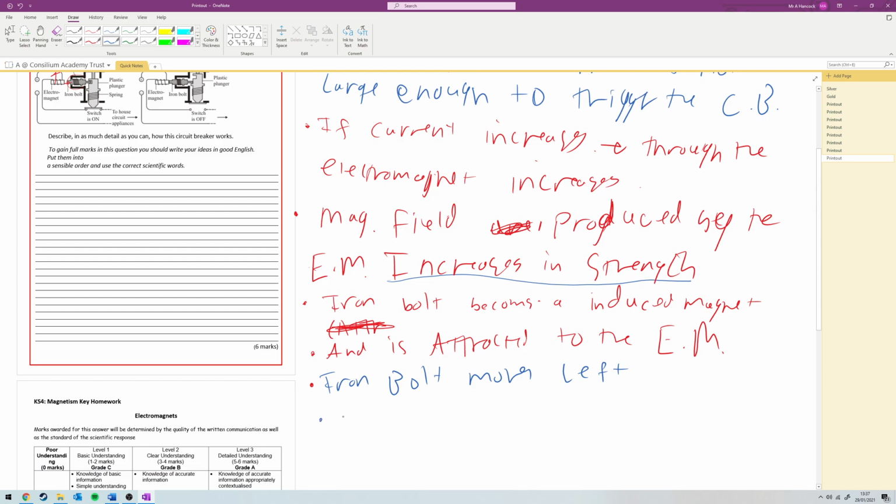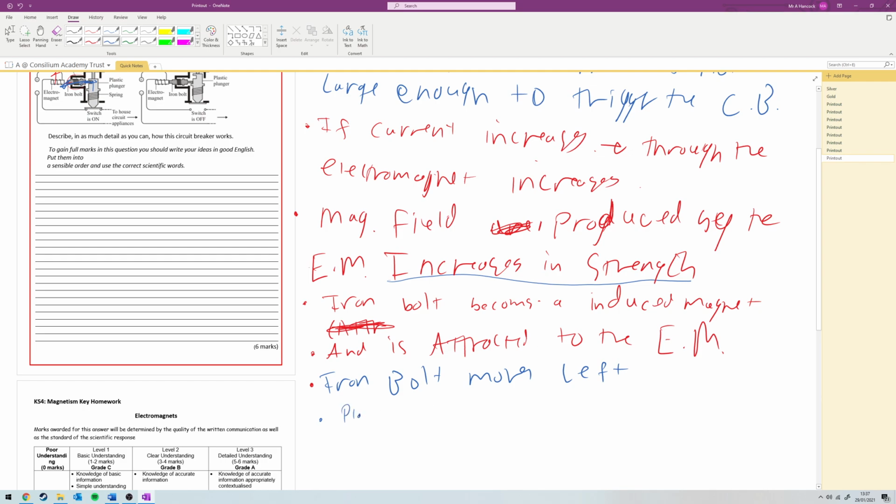This causes the plastic plunger to go up. If you look at the top here, this bit here is the only thing stopping that plastic plunger from moving, and if the iron bolt is moved to the left, there's no longer something blocking it, so this plastic plunger can then move upwards.